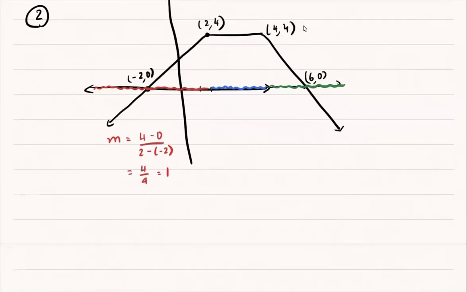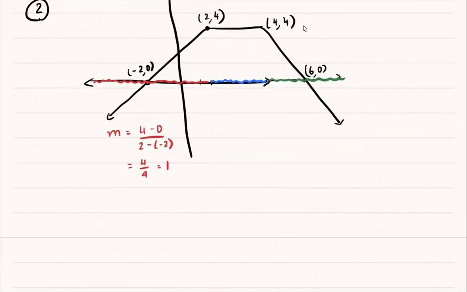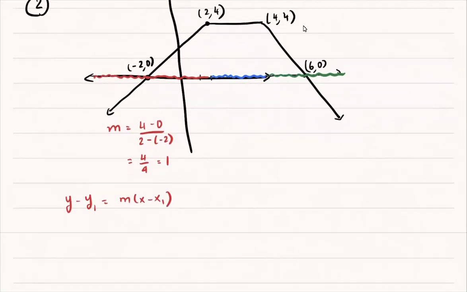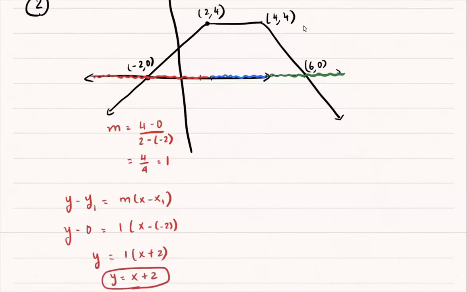I use the point-slope form: y minus y1 is m times (x minus x1). The point I'm going to use is (-2, 0), right? So y minus 0 is 1 times (x minus -2), which is 1 times (x plus 2). So y equals x plus 2 is the equation of the first line.